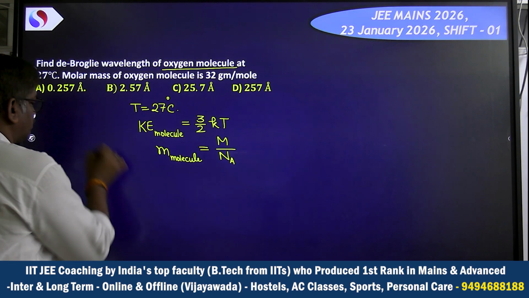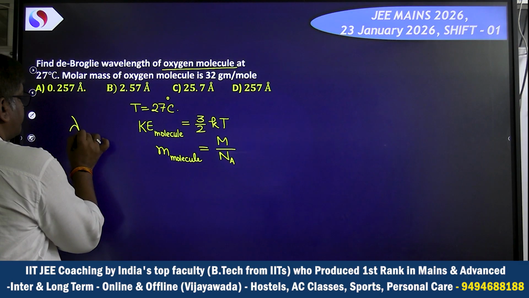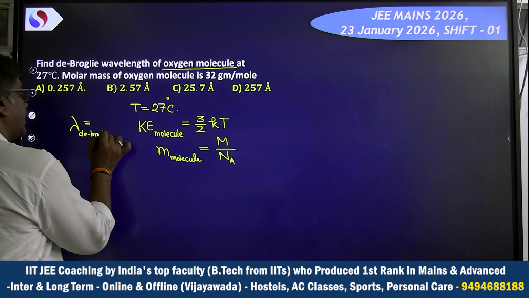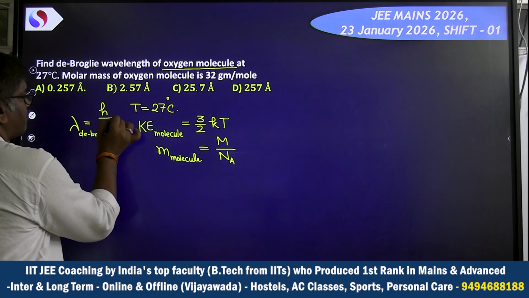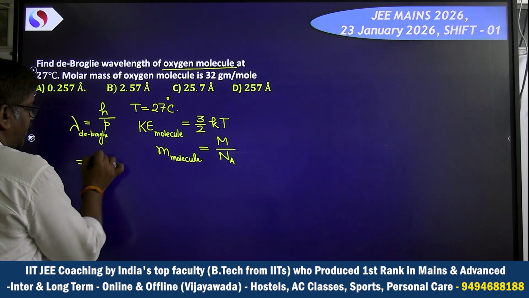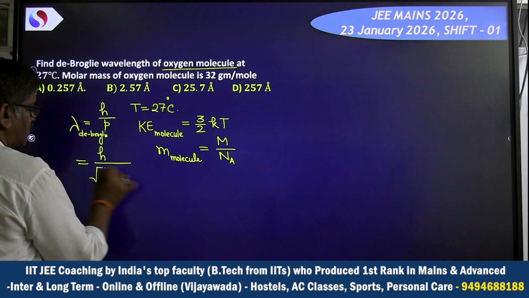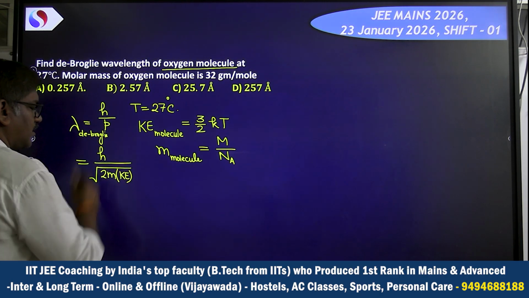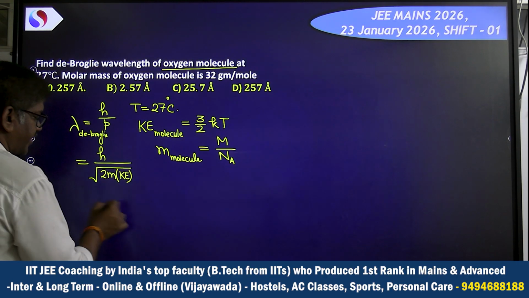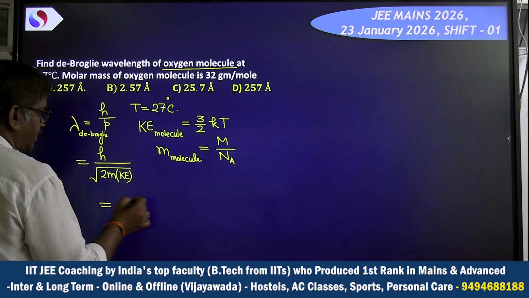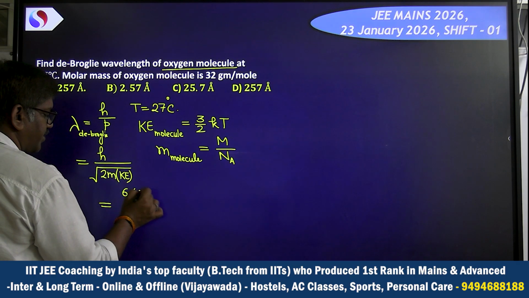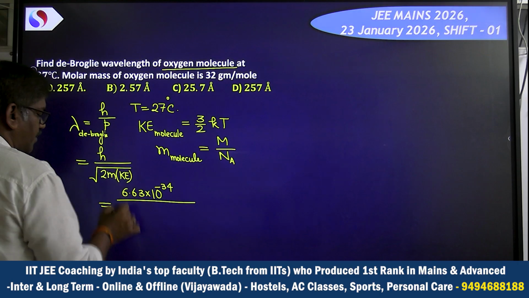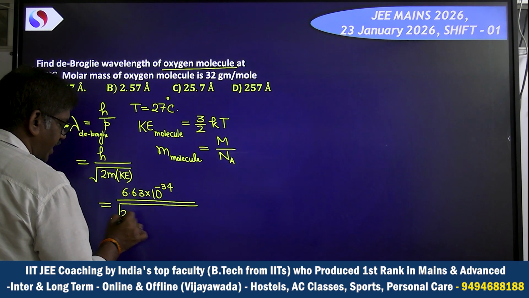Now de Broglie wavelength is given by h by momentum, or momentum we can write, h upon under root of 2mK, where K is the kinetic energy. Now substitute all the values and get your answer. So this is going to be 6.63 into 10 to the power minus 34 upon under root of 2 into m.